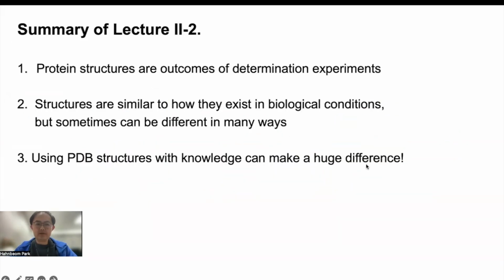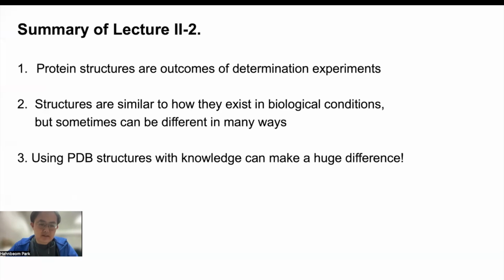Okay, let's summarize the second part of lecture 2. We are looking at protein structures which are outcomes of experimental determinations. So people try to determine the structures at the condition that is closest to the biological condition, but often there are cases when you cannot do that.